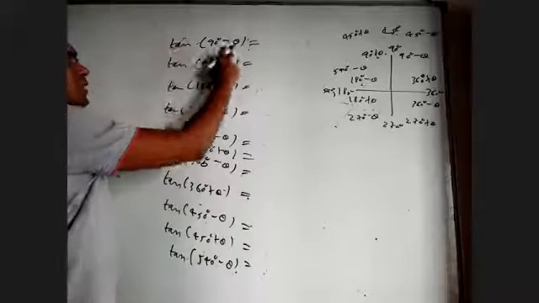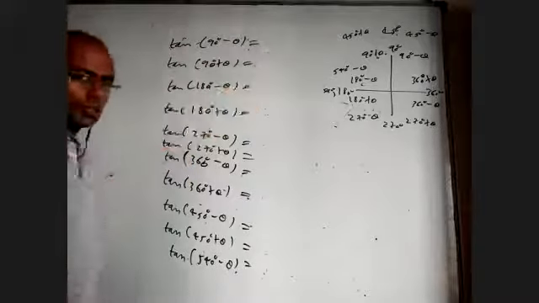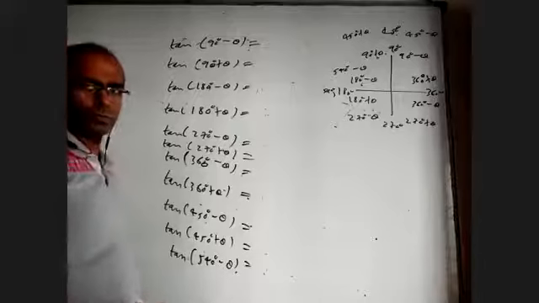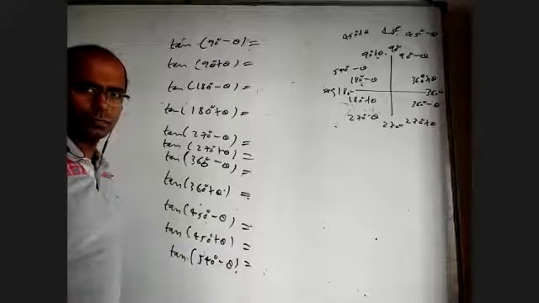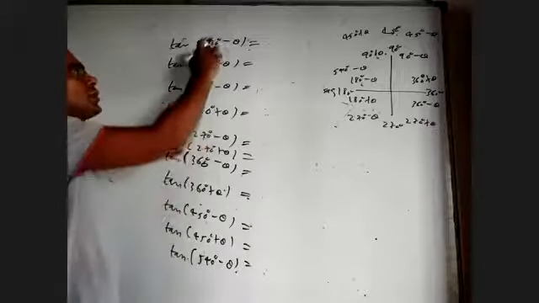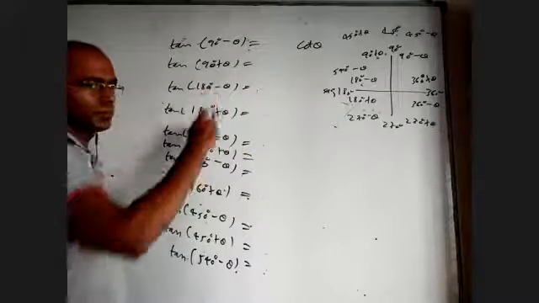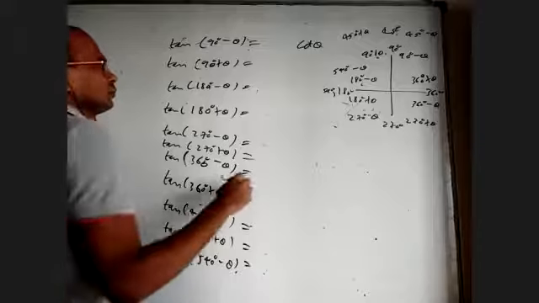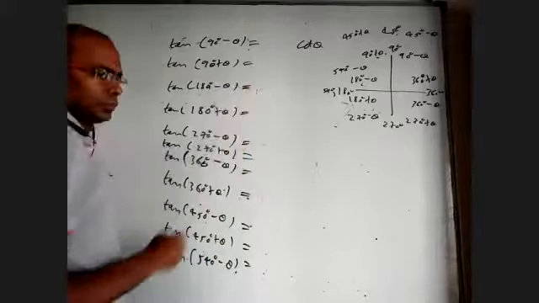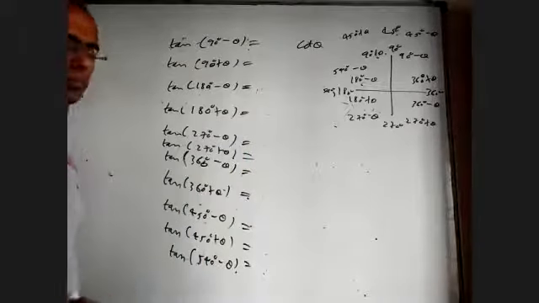In tan 90 minus theta, will I get tan theta or cot theta? Cot theta, sir. Odd multiple of 90, tan will change to cot. So cot theta. What about here? Cot theta.